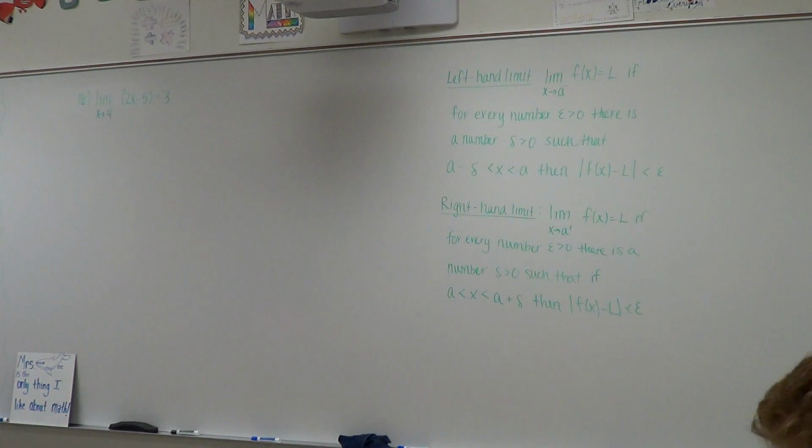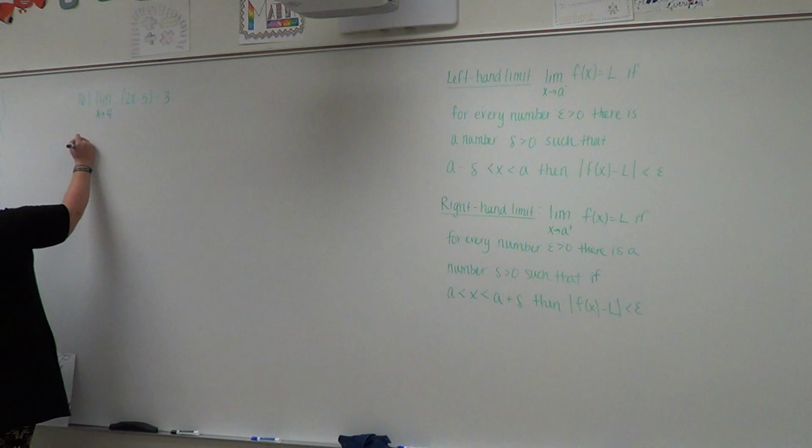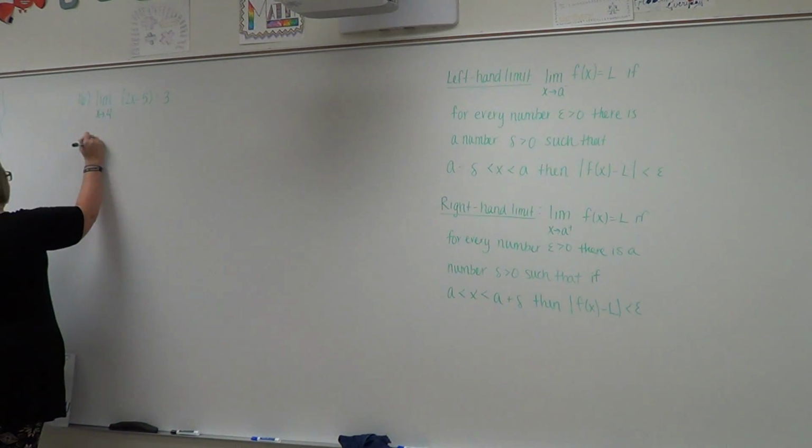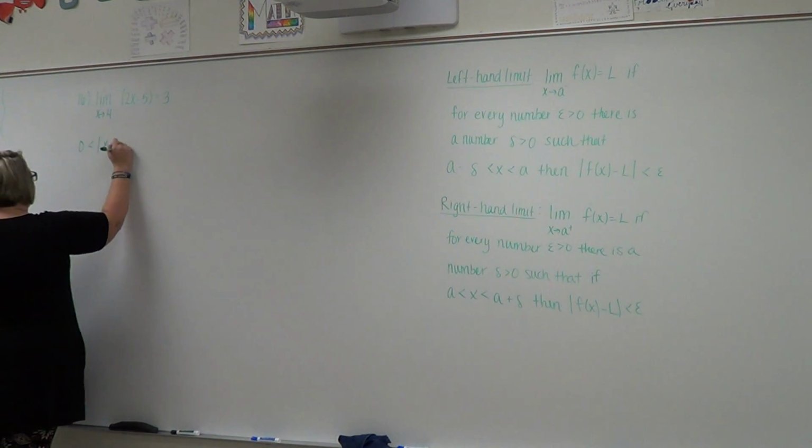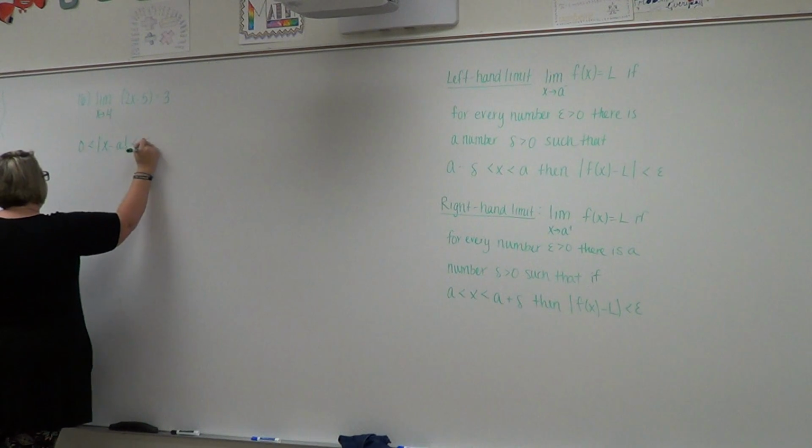Pretty sure he gave us the answer to number 1, didn't he? Yeah. Okay, so the first part of the limit is proving what? That the limit is as x approaches... Okay, so the first part of your limit, you have to look at your definition. 0 is less than the absolute value of x minus a, less than delta, right?